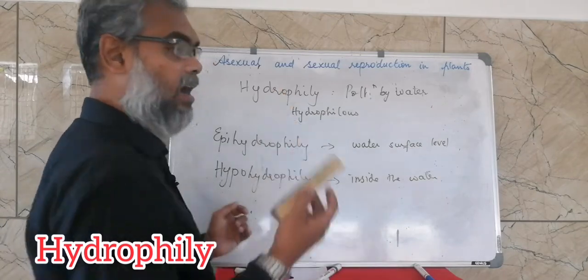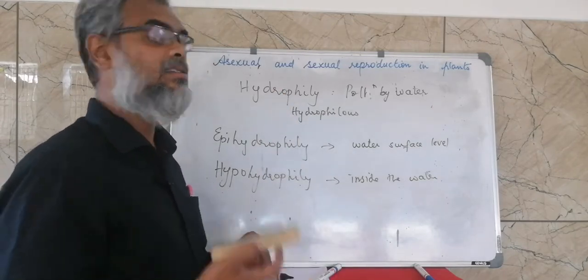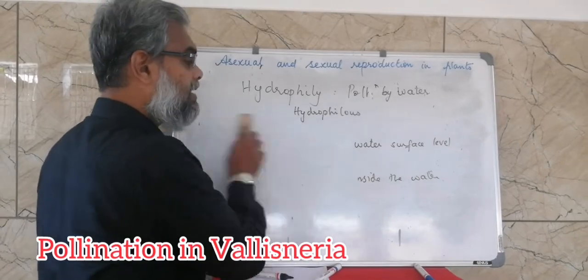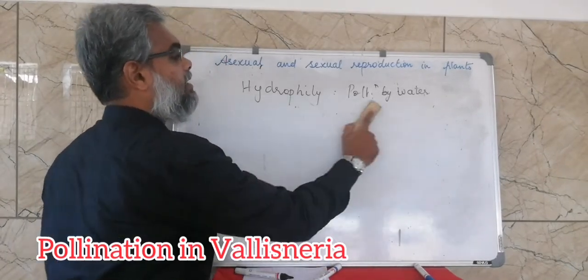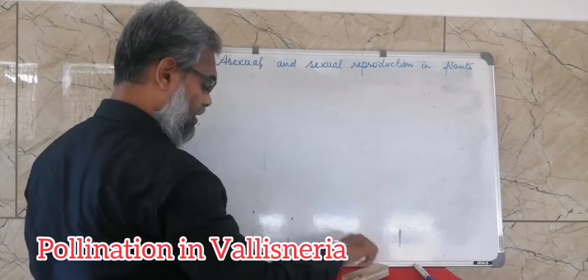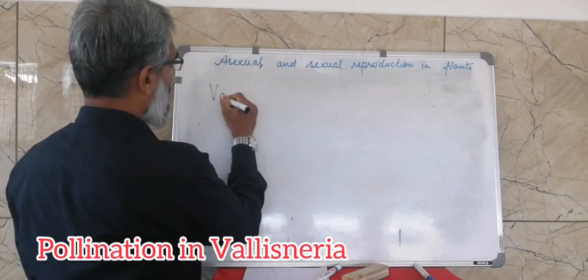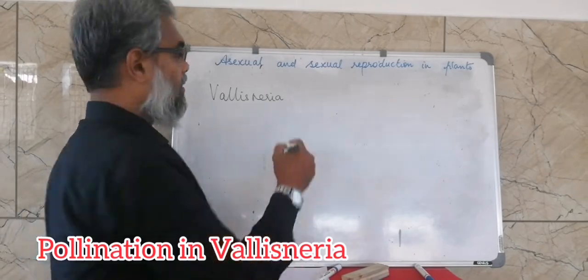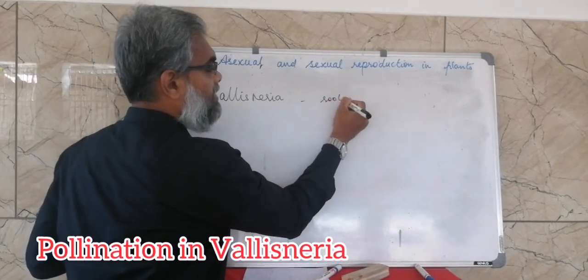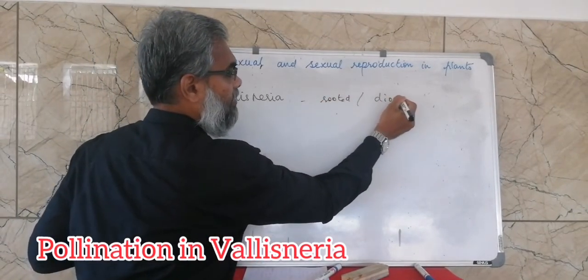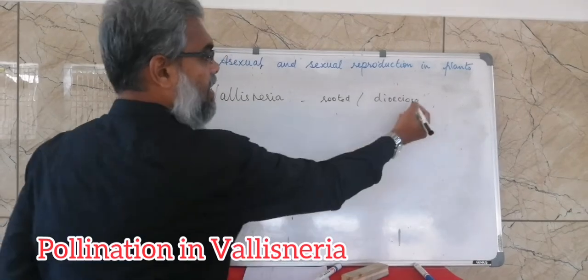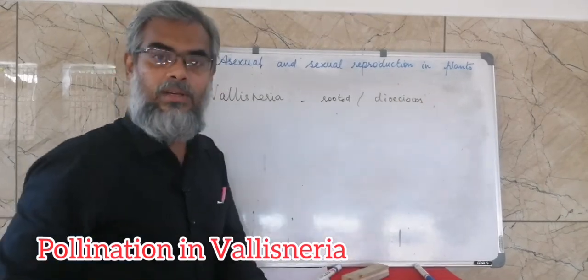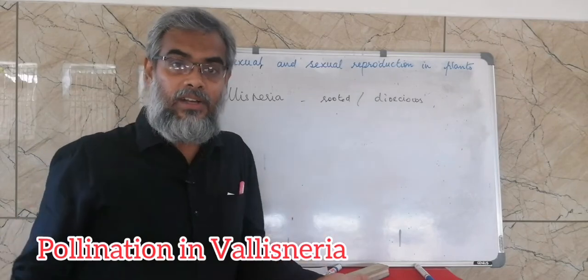Now let's discuss how the pollination occurs in Vallisneria. Vallisneria is a rooted aquatic plant, and it is dioecious. What is dioecious? Male flowers and female flowers are present in different plants.